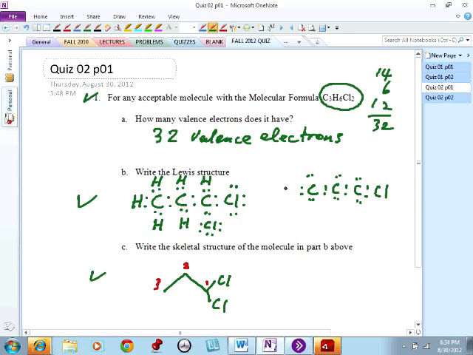Supposing you have this, right? And then here, you could do that. That would be an acceptable Lewis structure for that molecule.